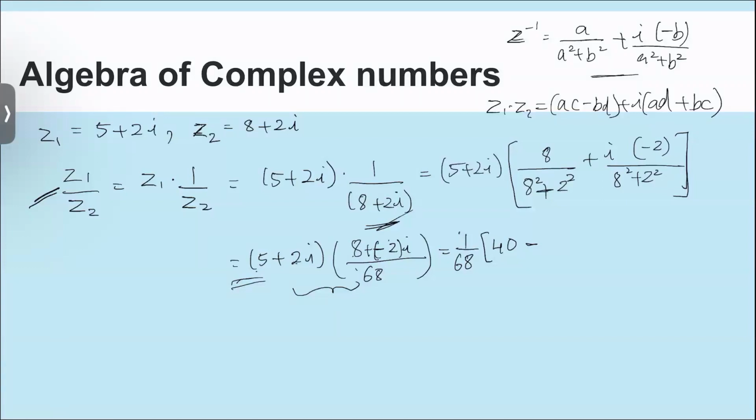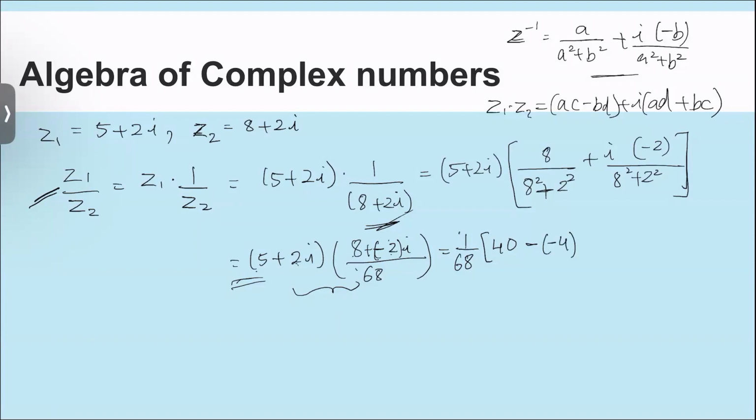When we try to find BD, one negative sign already comes because of the i square that is present, and this becomes minus 4.